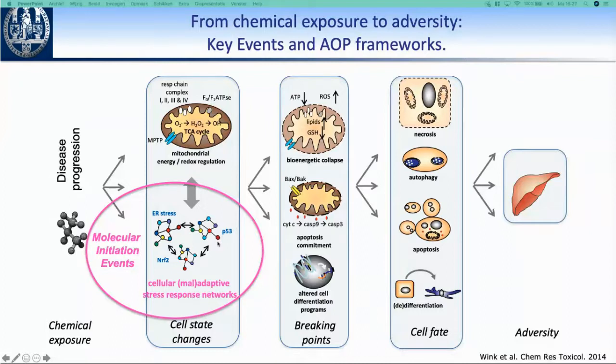A cell tries to cope with these different kinds of stresses by activating specific adaptive stress response pathways, such as the unfolded protein response, oxidative stress response, or the p53-mediated DNA damage signaling, to try to restore homeostasis during stress conditions induced by these nanoparticles inside the cell. However, when the stress is too severe, a certain breaking point will be reached and the cell switches to apoptotic signaling, which may in the end lead to either necrosis or apoptosis, leading to certain adverse events inside the liver.